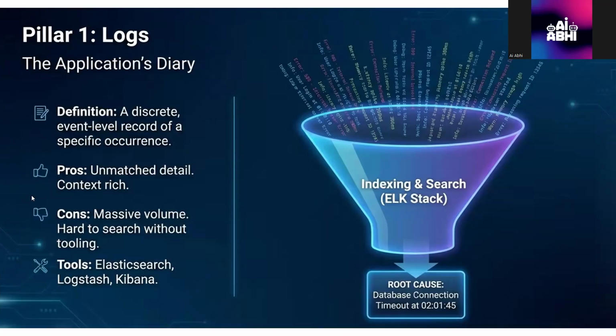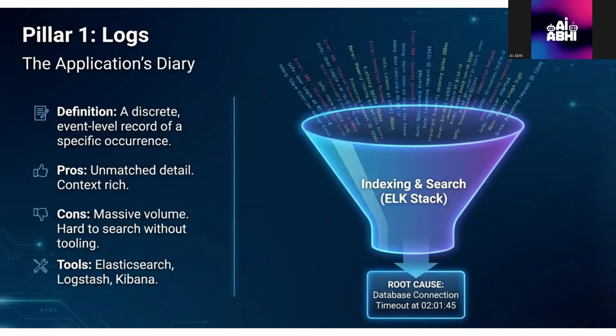The first pillar is logs. Think of logs as a diary your application writes. Every time something happens, a user logs in, a payment fails, an error pops up, it gets written down. Logs are great because they give you detailed event-level information. But here's the catch.